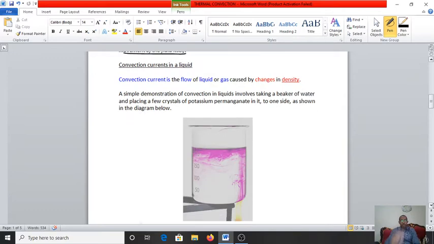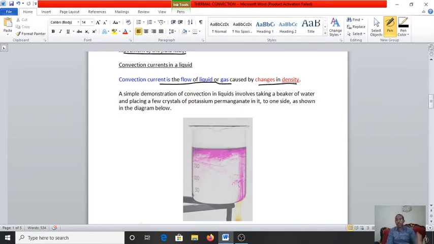Then we have to talk about these convection currents in detail. So we are saying a convection current is a flow of a fluid caused by change in density. And as we were explaining, the less dense fluid rises, the cooler and denser fluid falls.